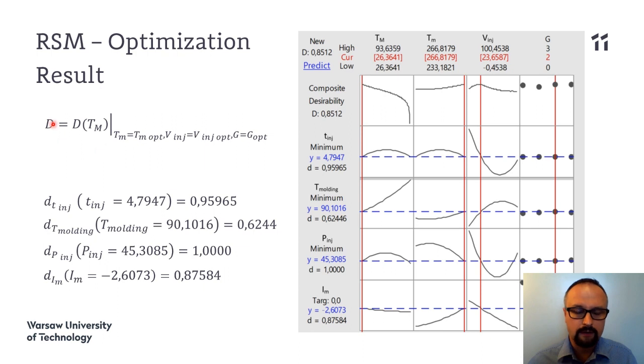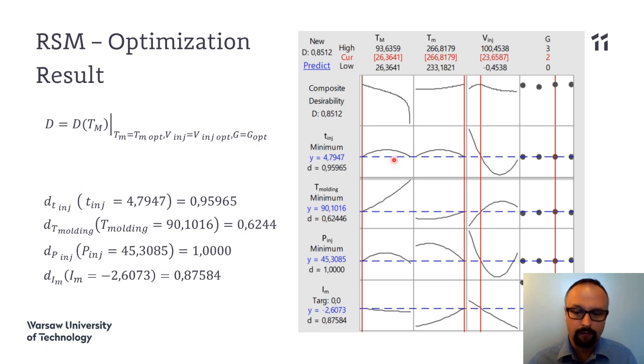So this is desirability with respect to mold temperature, with all other variables, because this function is multivariable, constant, set to the values which are optimal, and of course chosen by the software.